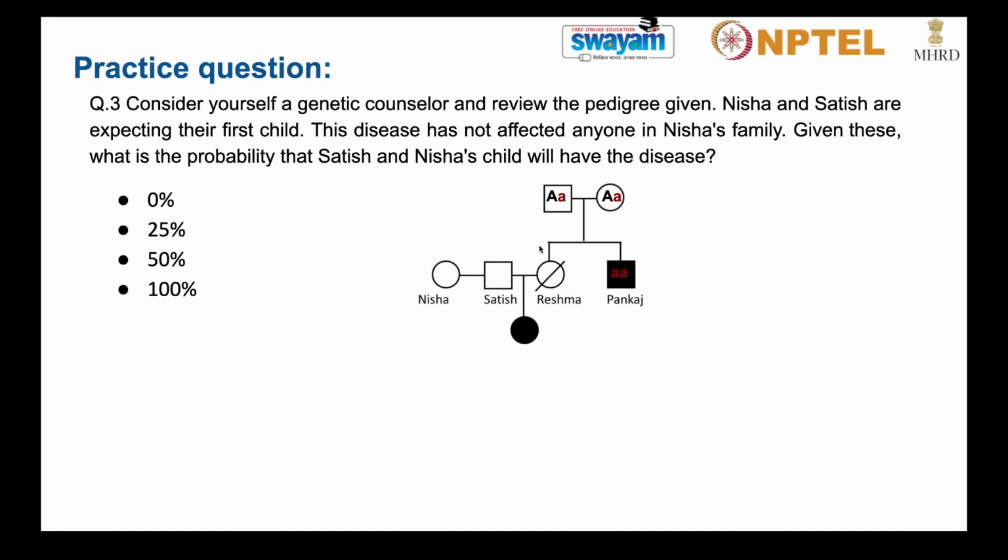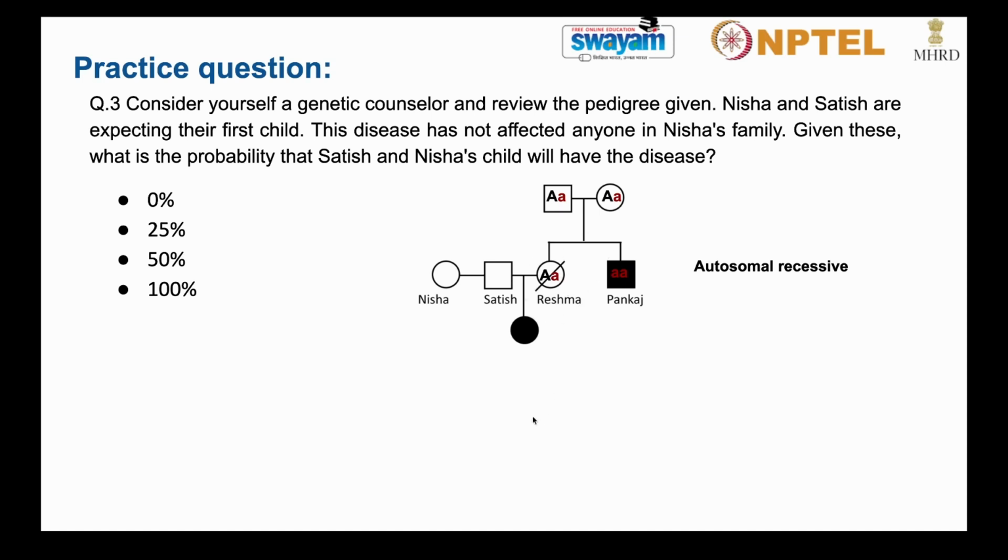This kind of inheritance pattern mostly occurs when it is an autosomal recessive inheritance. So both are carriers for the disease trait, and they are giving this to Pankaj, and Reshma is a carrier, so she is not showing any phenotype.